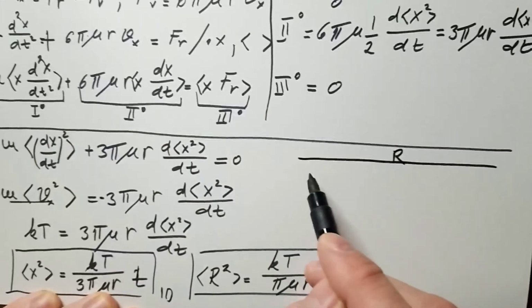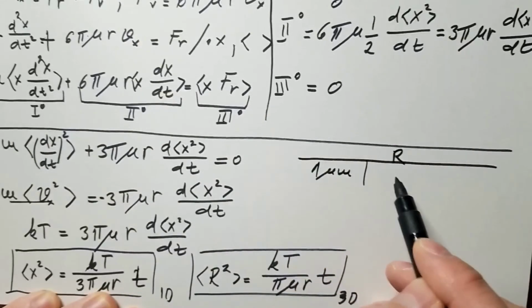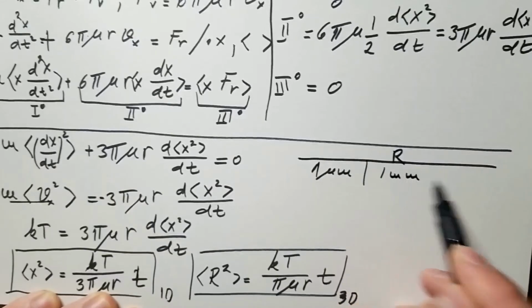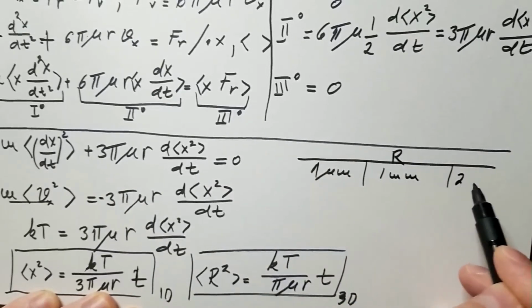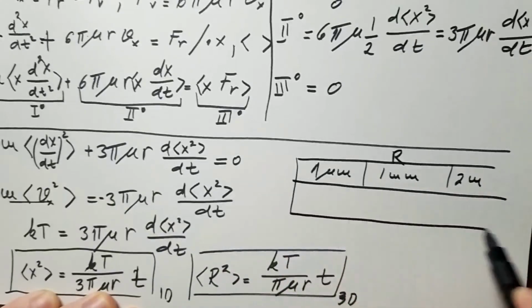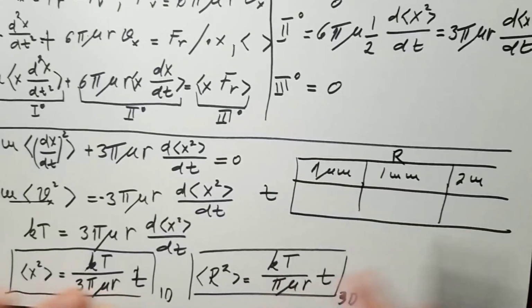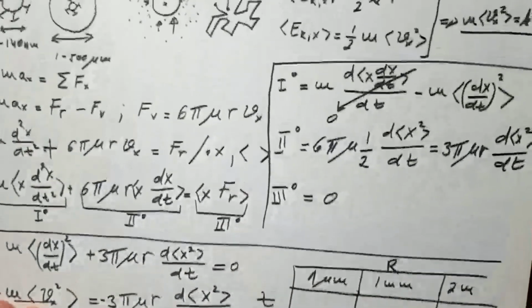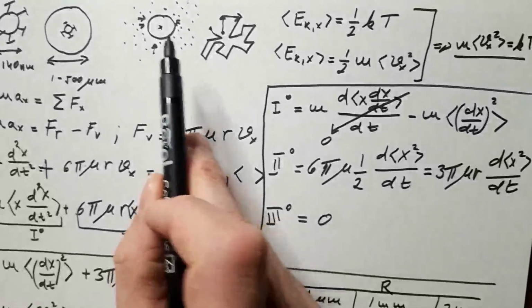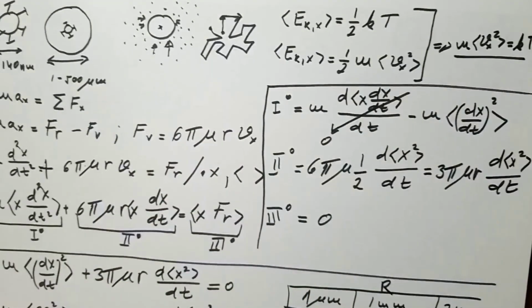And distances will be 1 micrometer, 1 millimeter, and 2 meters. And then I will calculate the time that a particle of COVID-19 will move over that distance.